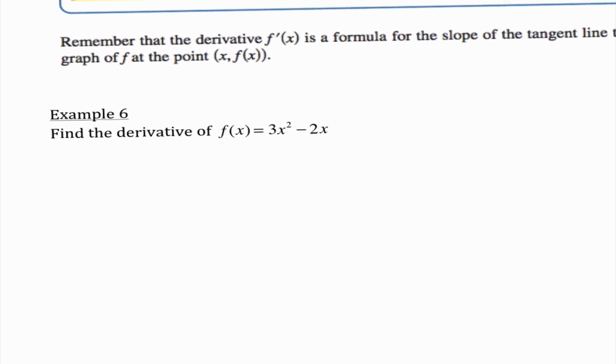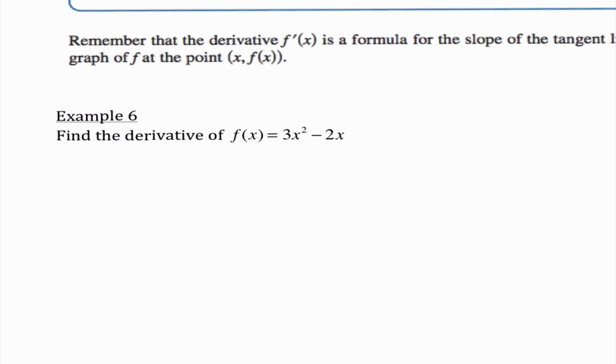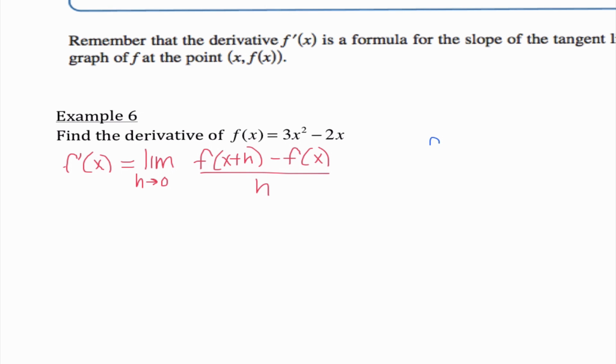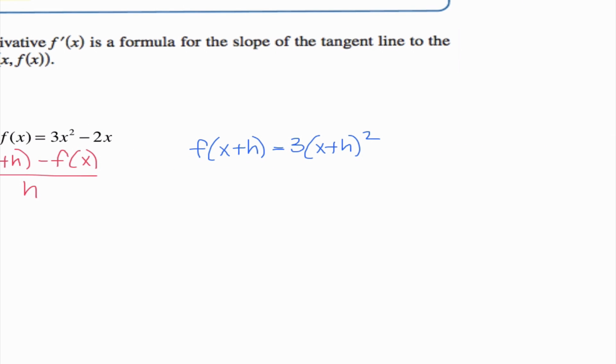So number 6 says, find the derivative of f of x equals 3x squared minus 2x. So I'm going to say f prime of x equals the limit as h approaches 0 of f of x plus h minus f of x over h. So off to the side here, I'm going to figure out, okay, what is f of x plus h? So I would get 3 times x plus h squared minus 2 times x plus h.